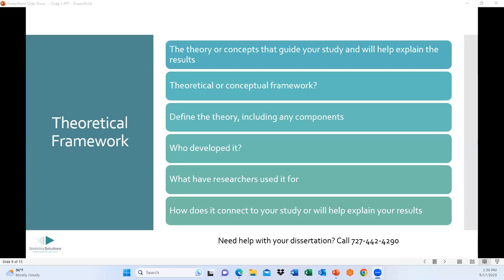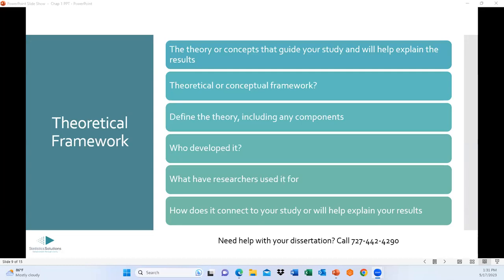About the theoretical framework as it relates to the quantitative study, here's another thing to keep in mind. Let's just take emotional intelligence, for example. There are different theories and different theorists and different instruments for emotional intelligence, right? So let's just say there are several instruments to study it.